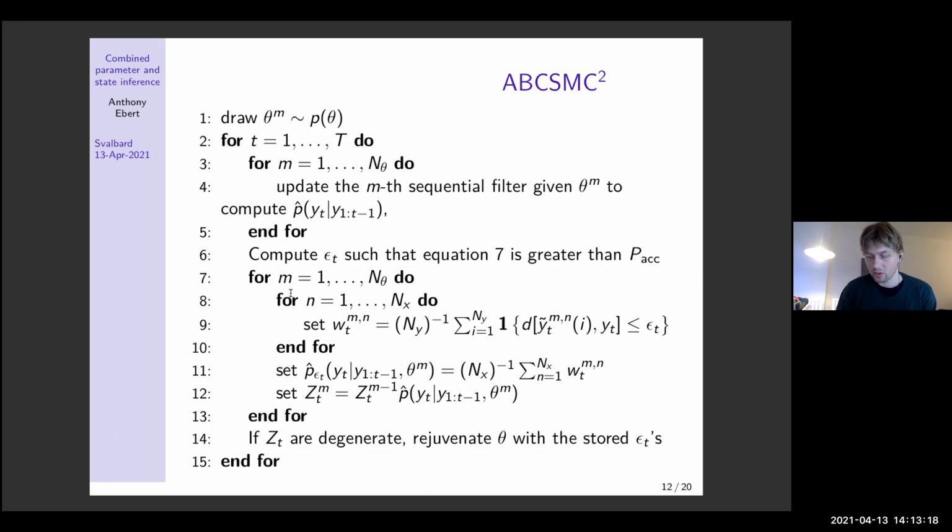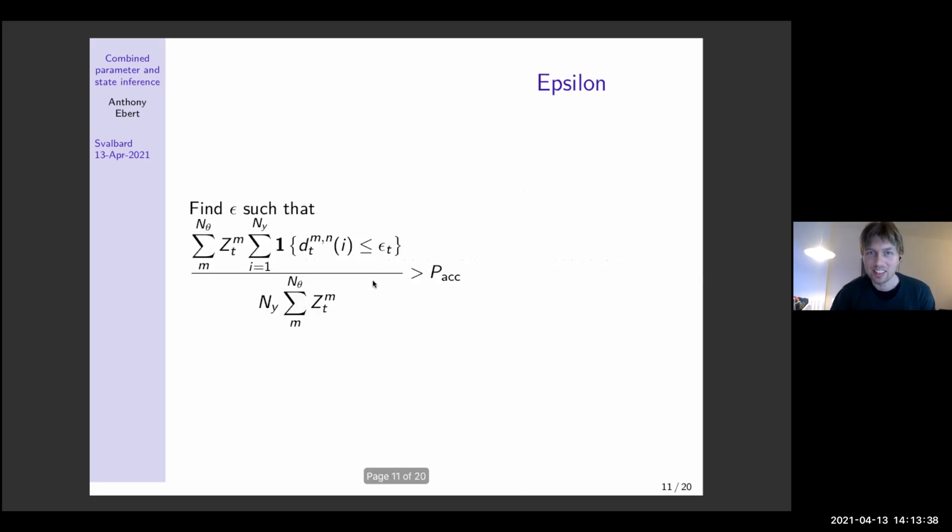And what we do here is we say, well, because we don't want to fix the epsilon beforehand, we look at all these epsilons, and then we say, which epsilon can we choose such that this sum is greater than our acceptance probability.